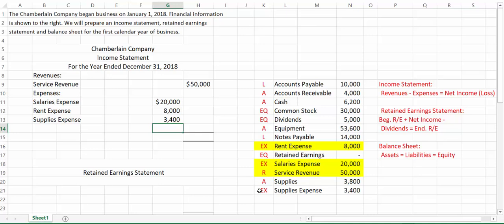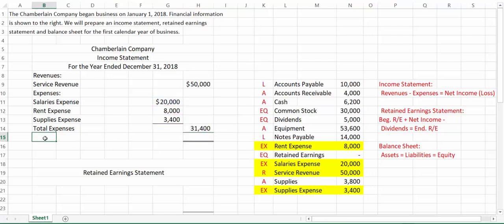And then again, I'm going to highlight that to remind us that we've used it. All right, so now we're going to have a line that says total expenses. And I'm going to add up these three numbers. Okay, so it's going to be equal to this plus that plus that. So add up all your expenses.